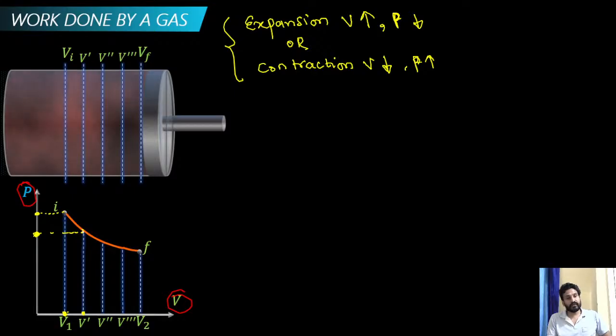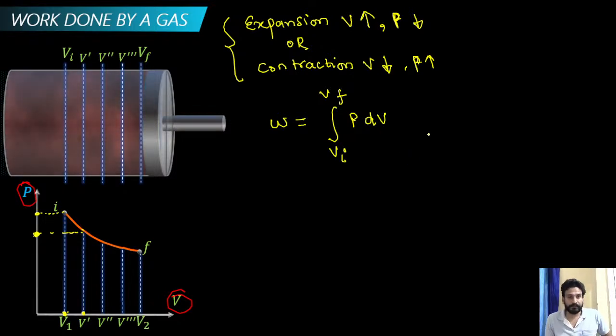So this kind of PV graph you will get from the equation W is equal to integration P dV from V initial to V final. Is it clear to you?